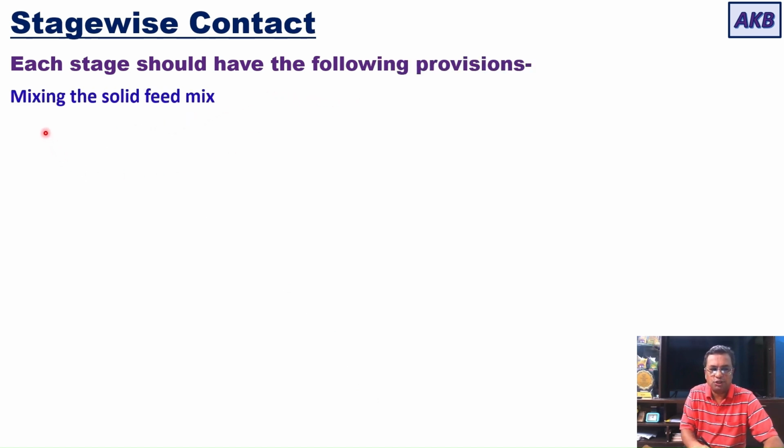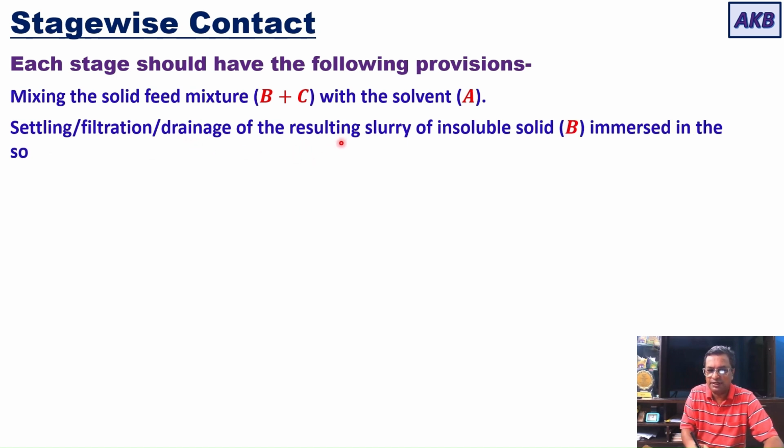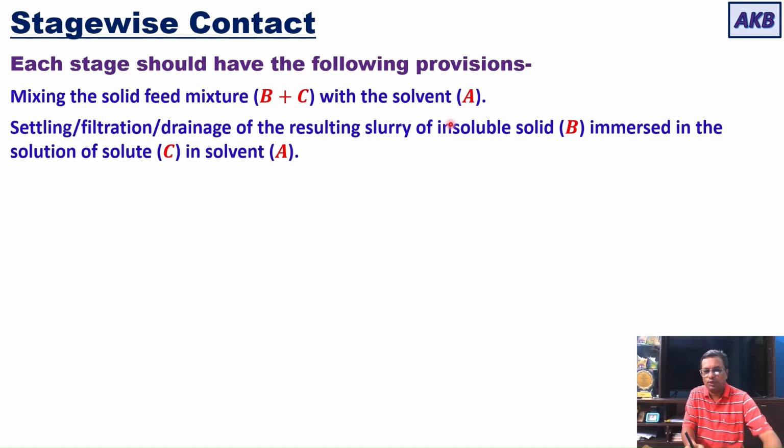Now each stage should have the following provisions. There should be a provision for mixing the solid mixture, that is B plus C, with the solvent A, and there should be a provision for settling, filtration or drainage of the resulting slurry of insoluble solid, that is B, immersed in the solution of solute C in solvent A. So when you mix the feed mixture B plus C with solvent A, what is going to happen?